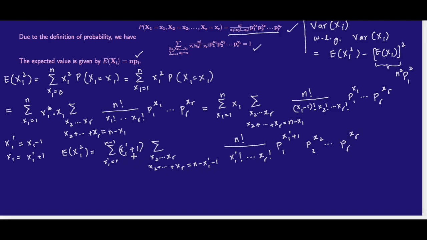Now note that I have x1 prime plus 1 here, so I can actually split it into two summations. My first summation looks like this: sum over x1 prime, and then I have n factorial over x1 prime factorial up to xr factorial, and then p1 to the x1 prime plus 1 up to pr.